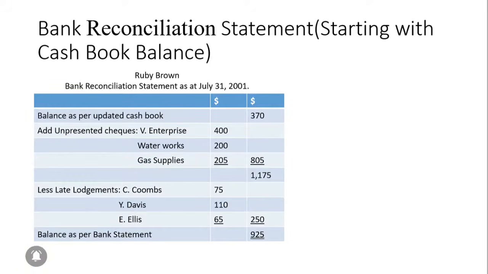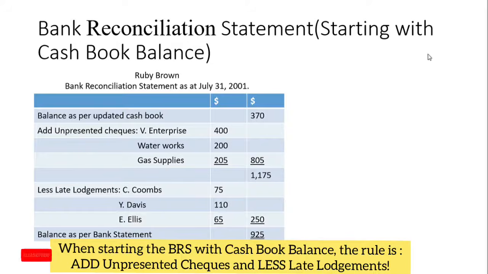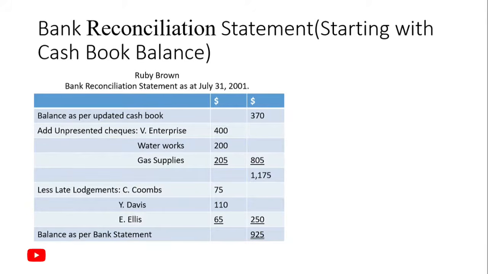And a rule of thumb when you're starting the bank reconciliation statement with the cash book balance is that you should always add unpresented cheques and less late lodgements. That is the rule. Anytime you start the bank reconciliation statement with the updated cash book balance, you should always add unpresented cheques and less late lodgements, right? It is important for you to remember that.